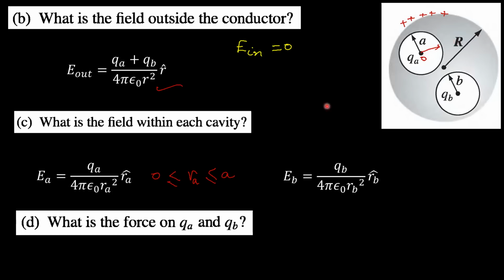The same thing happens for the electric field in cavity b, which is Qb divided by 4 pi epsilon naught r_b squared, r_b hat, between the limit 0 to b. So this is within the cavity.